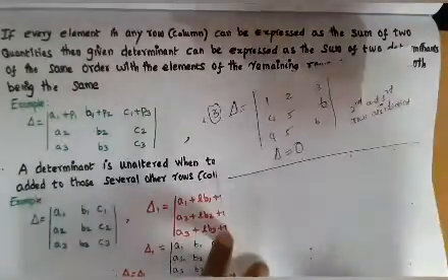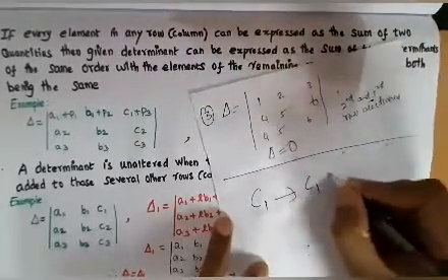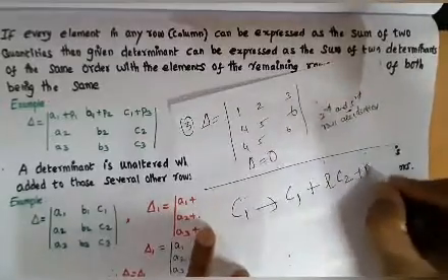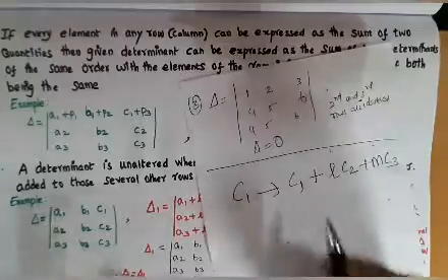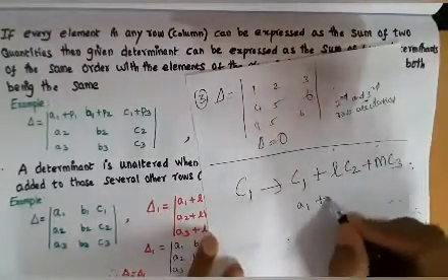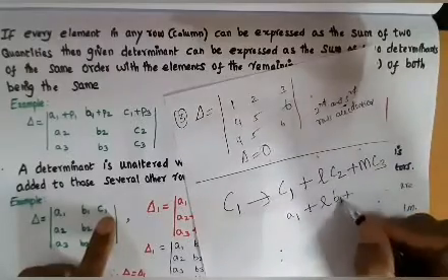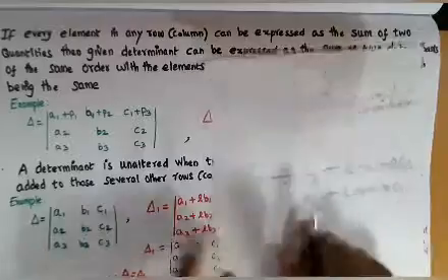So that means column 1, C1 gives C1 plus L times C2 plus M times C3. C1 means A1, L times C2 is B1, M times C3 is C1.